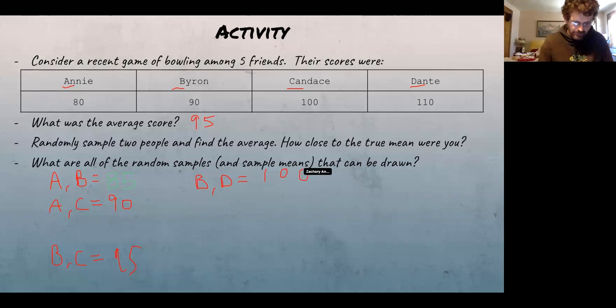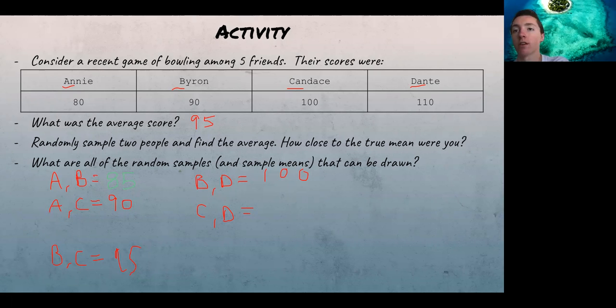Candace and Dante. Any others? Annie and Dante. There it is.